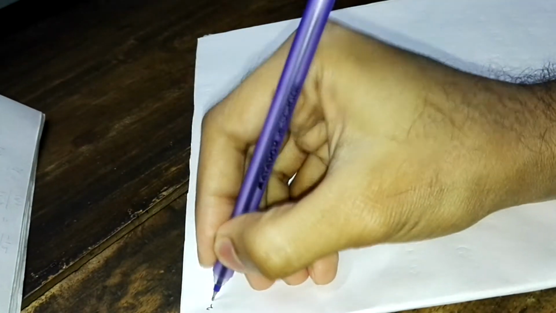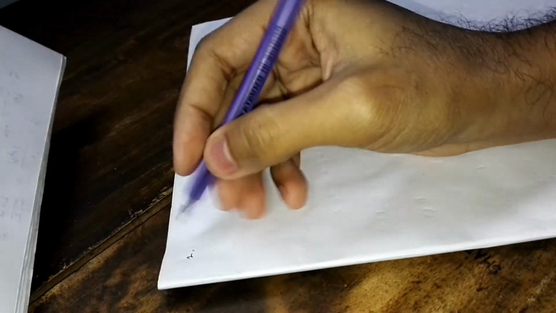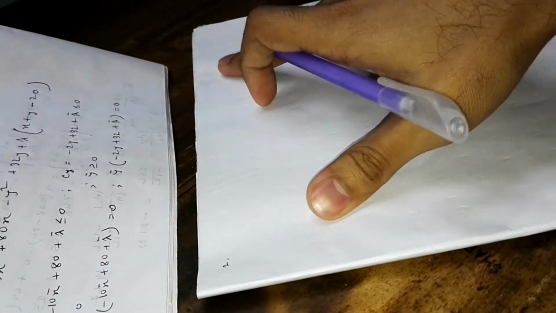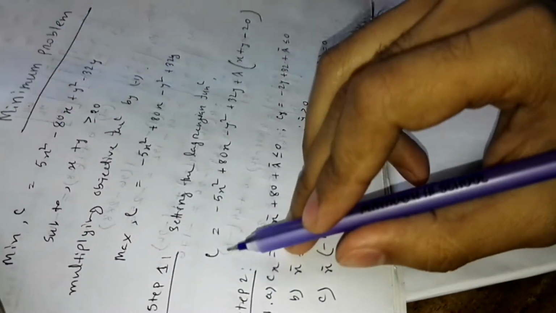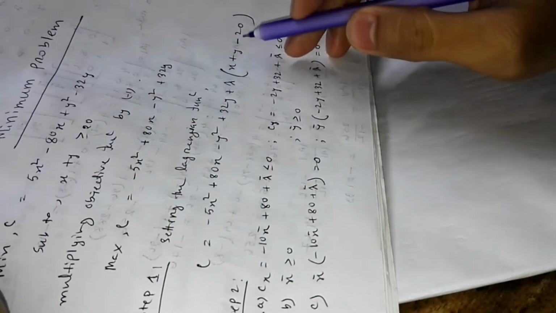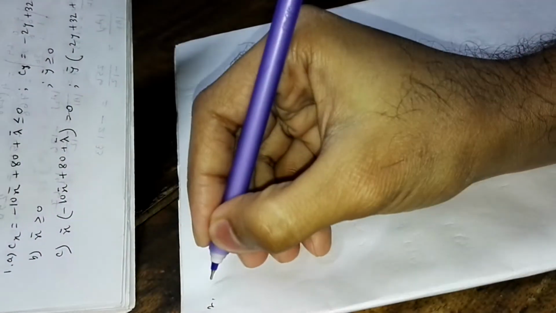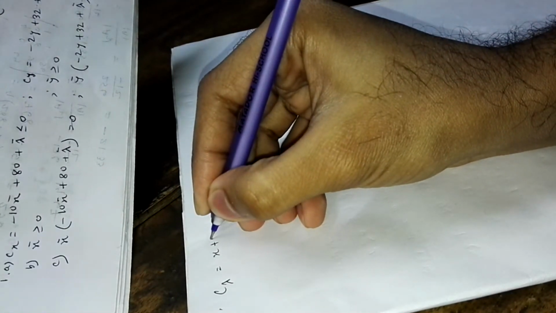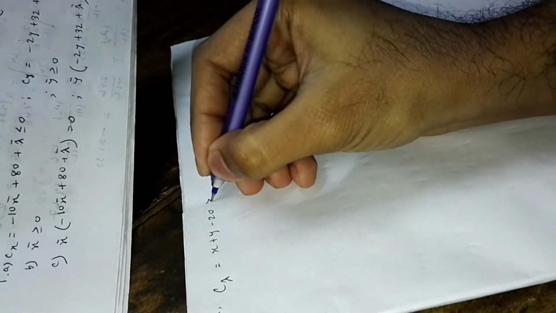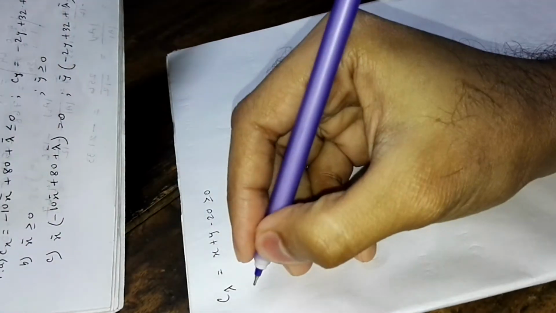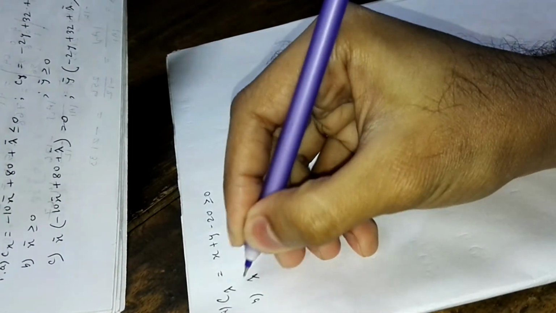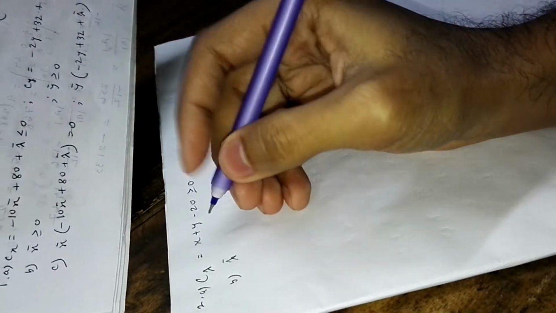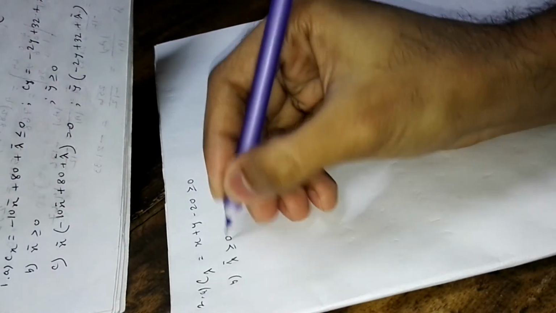Let's build up the second case, case 2. It is according to the Lagrangian multiplier, differentiated with respect to lambda. So 2a: c lambda is equal to x plus y minus 20, which is greater or equal to 0. 2b is the Kuhn-Tucker condition that lambda is greater or equal to 0.